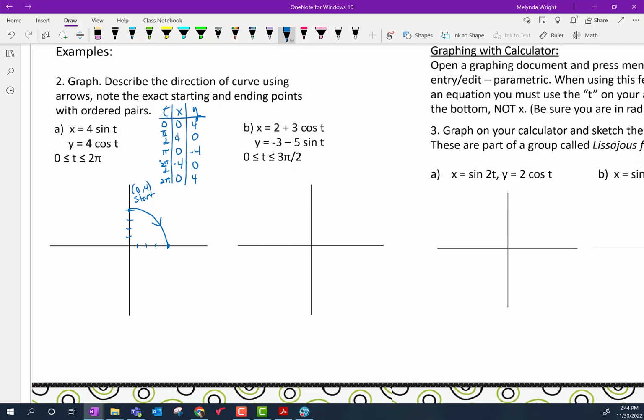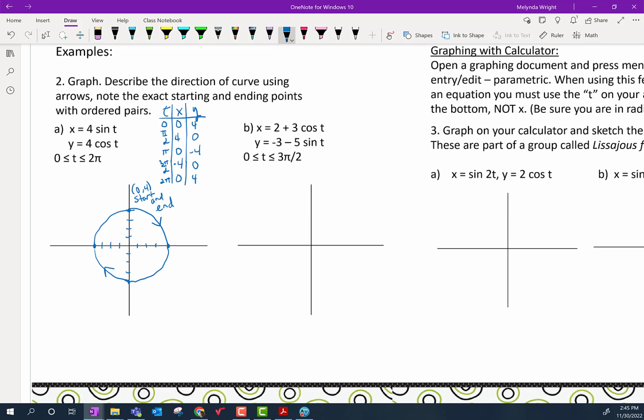The next point is (0, -4). Then our next point is (-4, 0). And then our final point is (0, 4). That takes us back. So that's the start and the end.